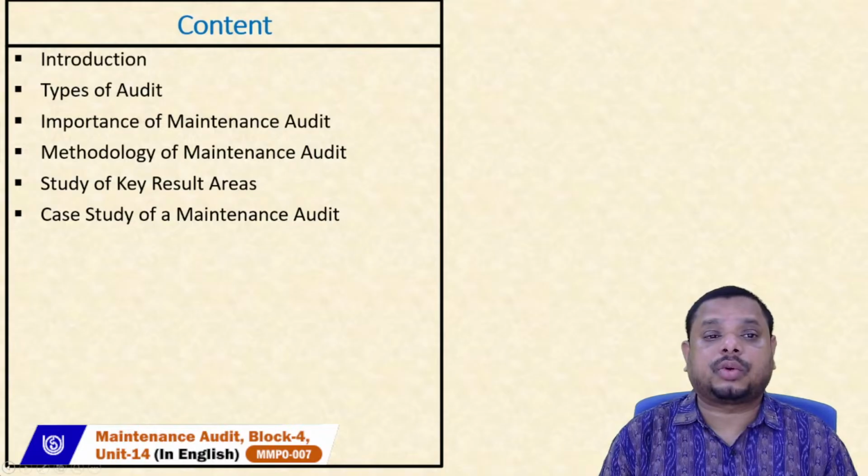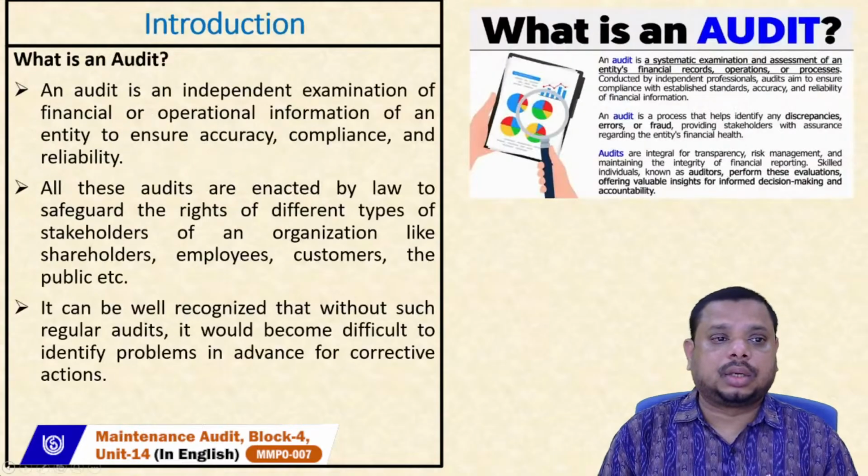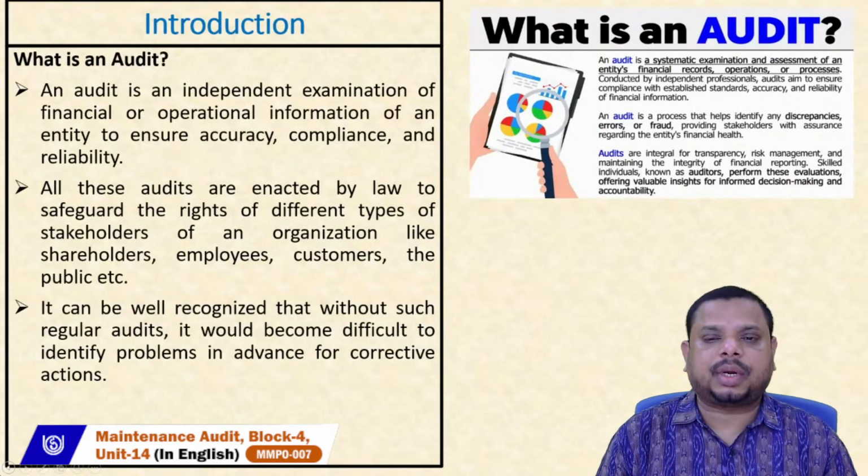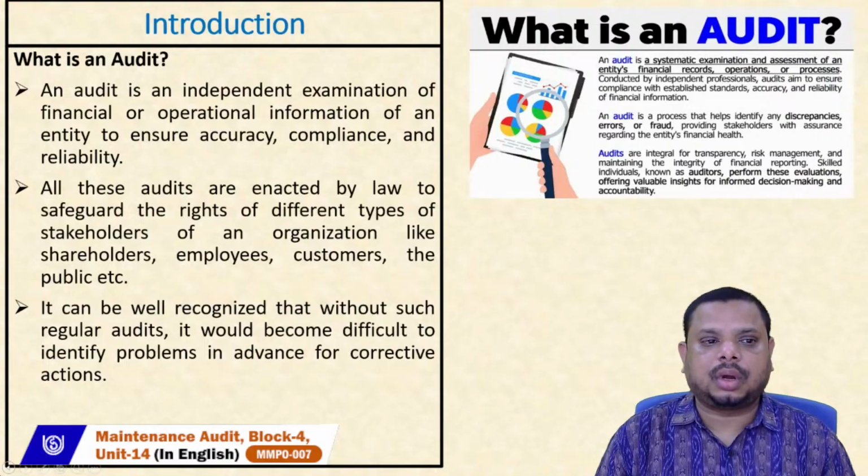Before going to maintenance audits, we have to understand the overview of audit. The fundamental definition: audit is an independent examination of financial or operational information of an entity to ensure accuracy, compliance, and reliability.